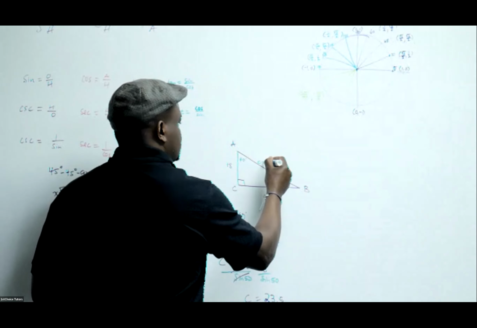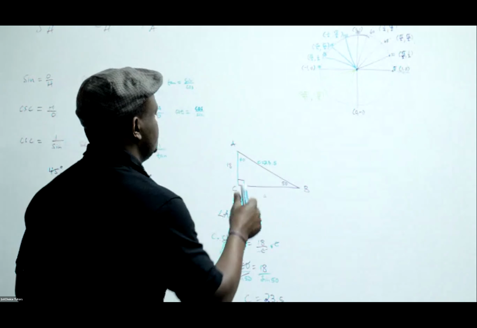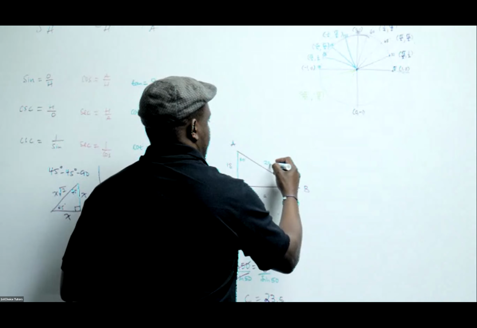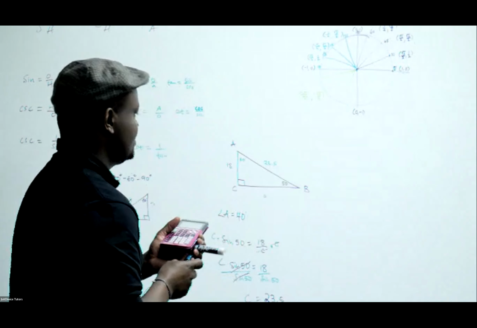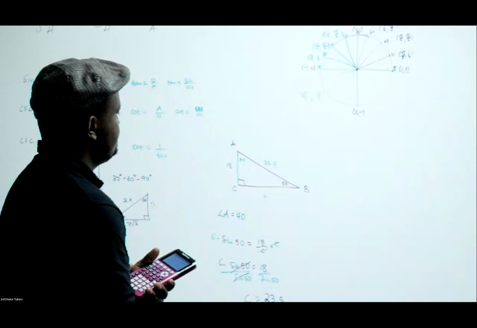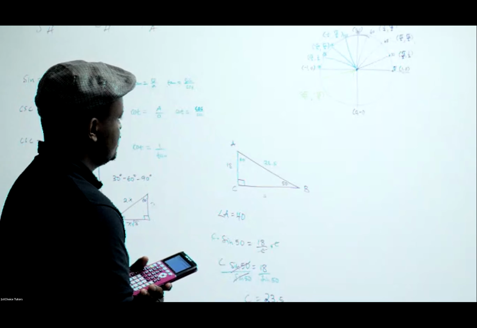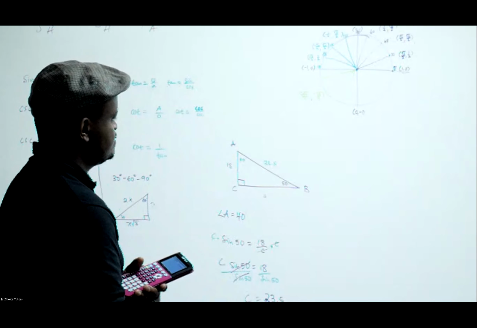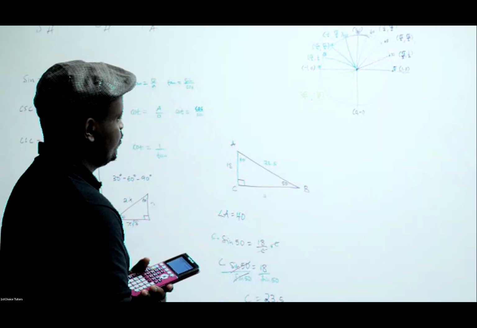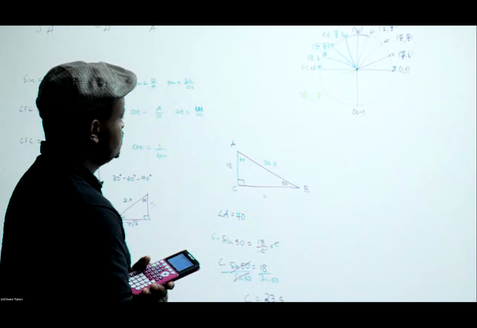So you have options. To find A, let's go back to SOHCAHTOA. Set it up. How would you find the missing A value? It would be, let's see, cosine, or no, tangent, right?